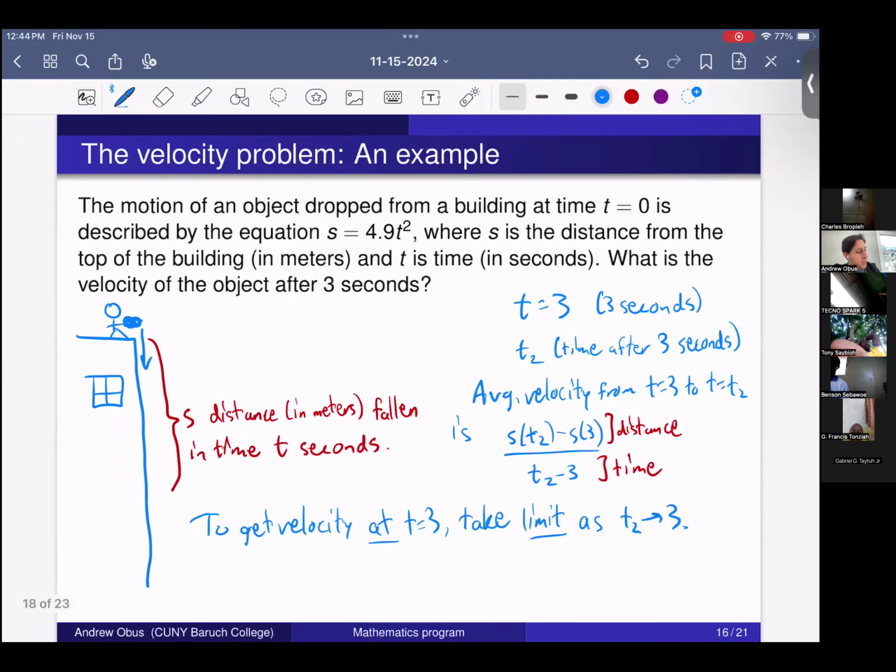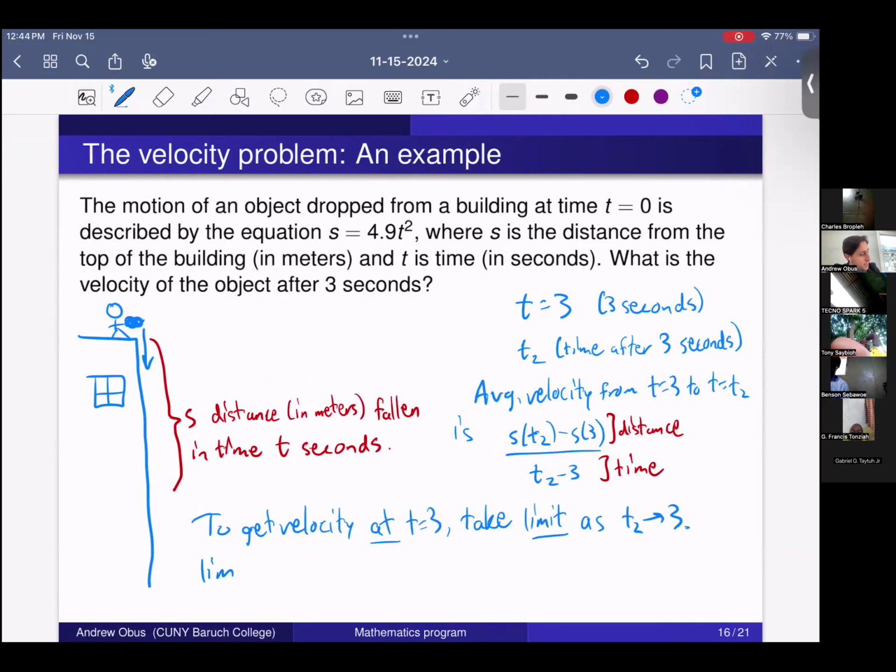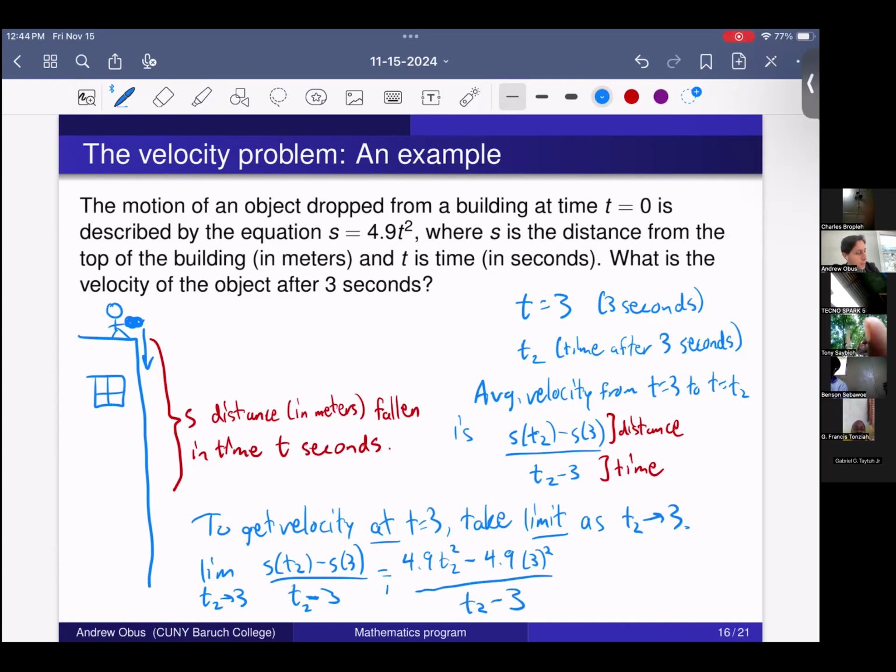So this is the limit as t2 approaches 3 of s of t2 minus s of 3, divided by t2 minus 3. The function s is given by 4.9 t squared, so this is 4.9 times t2 squared minus 4.9 times 3 squared, divided by t2 minus 3.